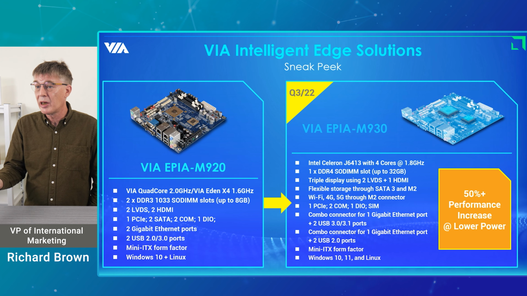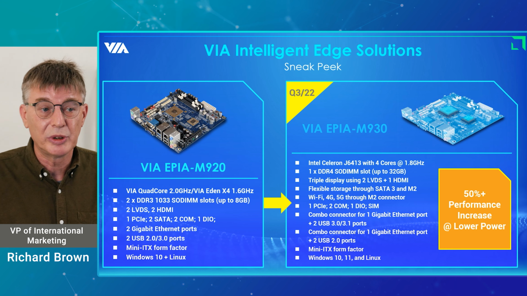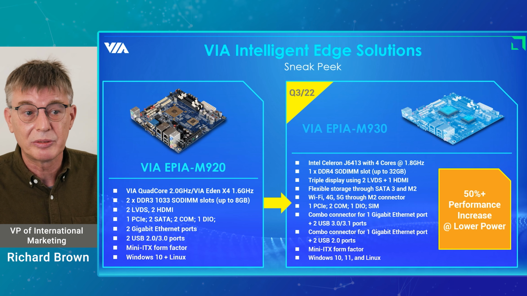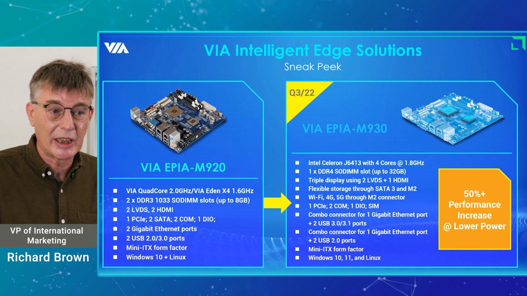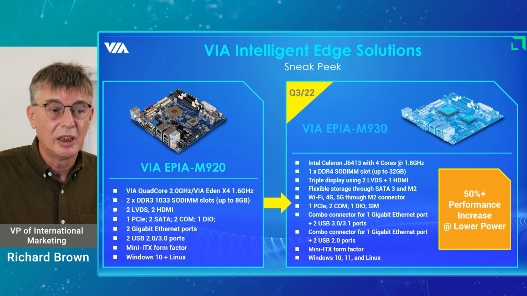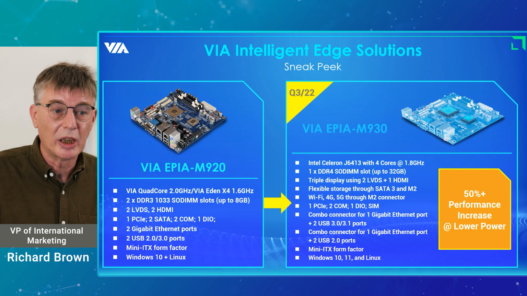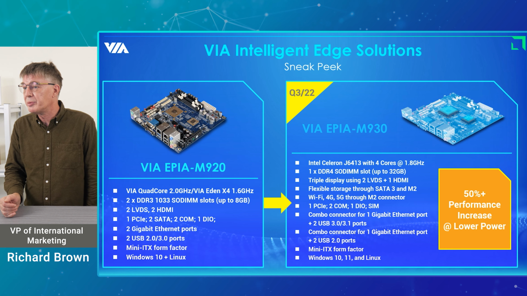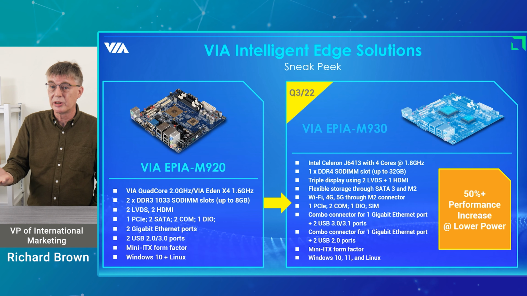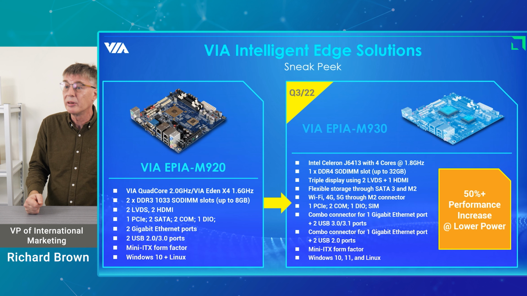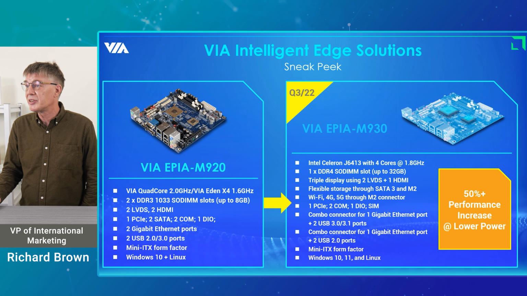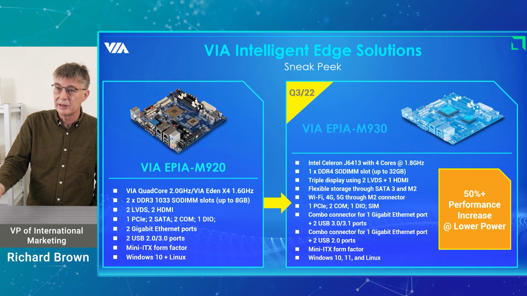Now with the EPIA-M930, we're going to be launching our first Intel-based platform. It supports the Celeron, but also different processors as well, and will deliver a 50% performance increase at much lower power over our current product. So a lot of our customers have been asking for this.